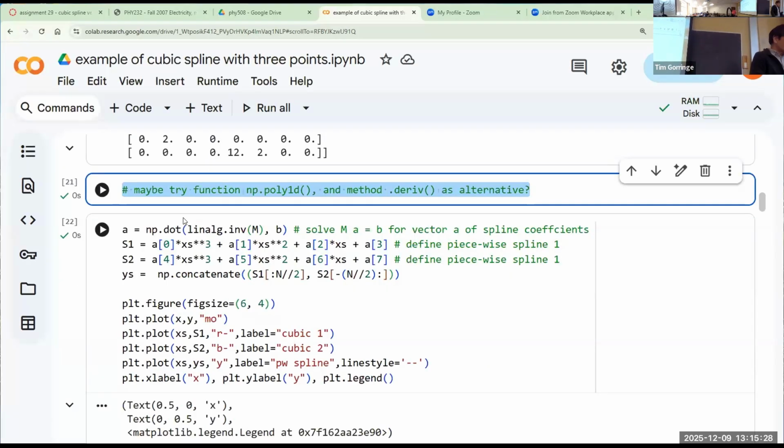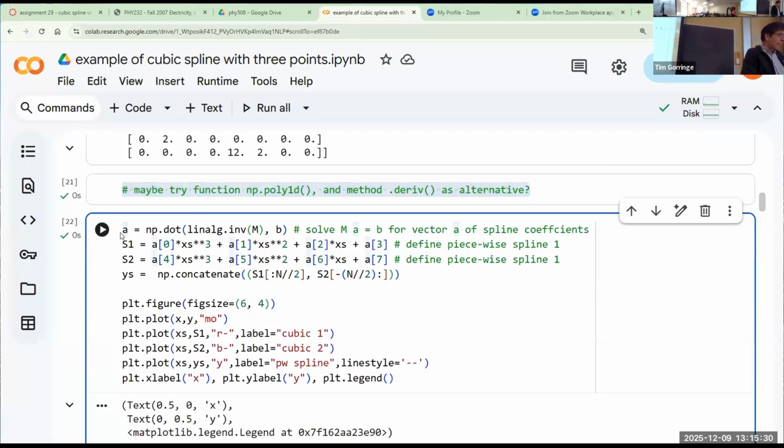Okay. Well, once we got the matrix M and we got the vector B, we can just solve the matrix equation MA equals B for A. And A, remember, contains the coefficients of the polynomials.